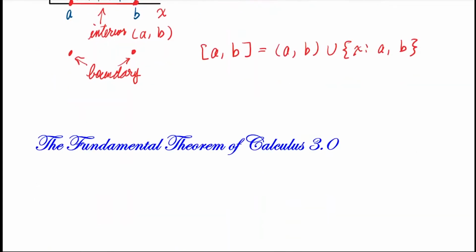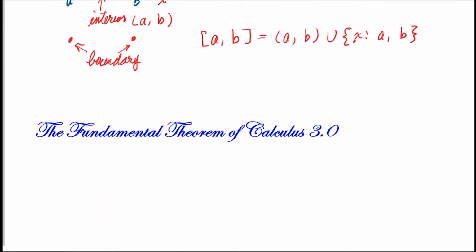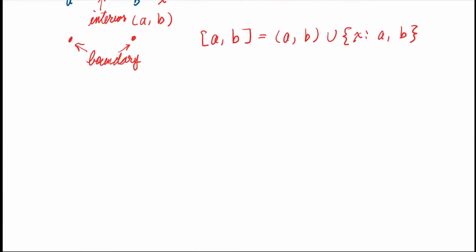Let's talk about 2.0. It looked like this. You have some kind of space curve given by C, and there's some kind of vector field.